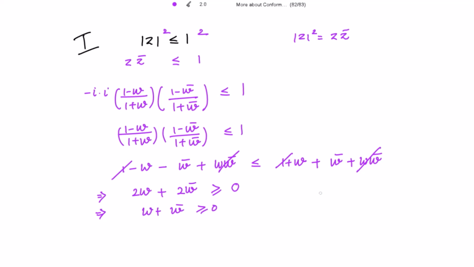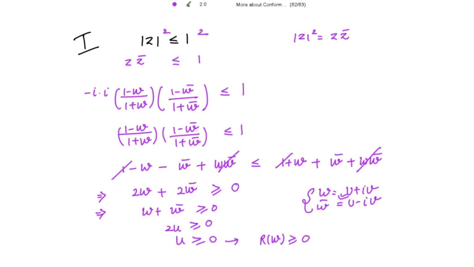Now as we know that w is equal to u plus iv, and w bar is equal to u minus iv. If I add these two, I get twice u greater than or equal to 0, which implies u is greater than or equal to 0. And this u is nothing but the real part of w, right? So I can write this as the real part of w is greater than or equal to 0.